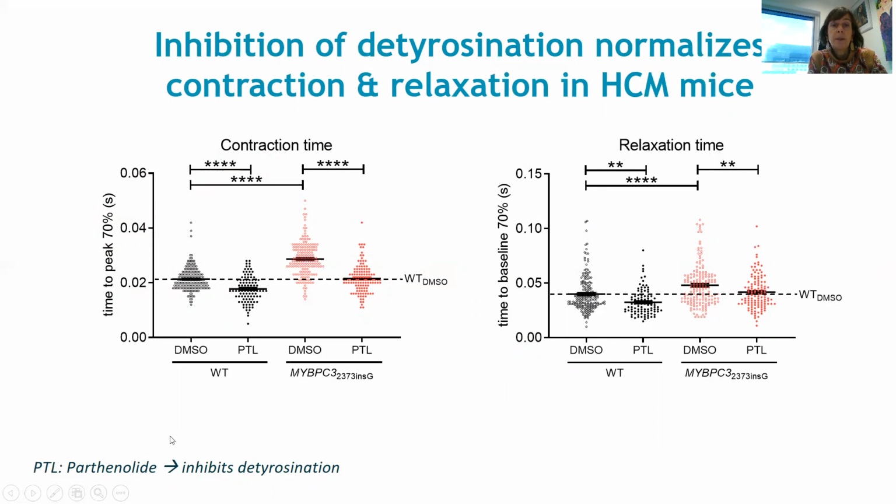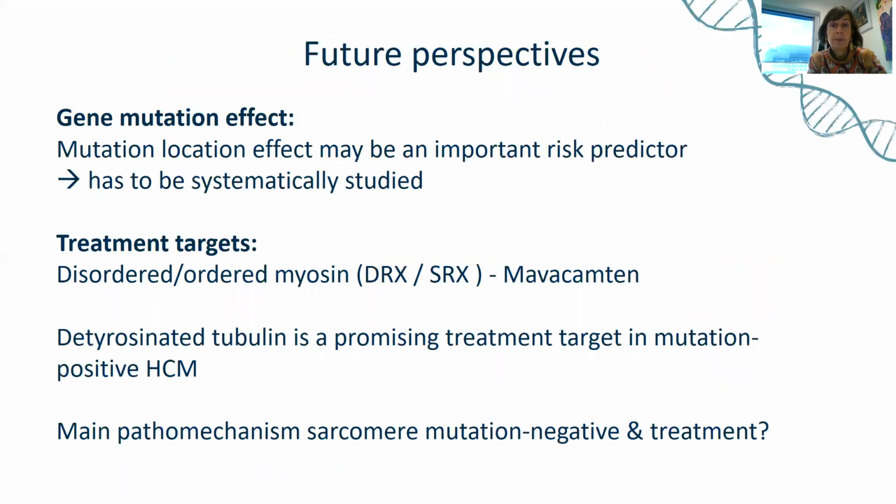And if we do the repeated measurements after treatment with parthenolide, which inhibits this detyrosination of the microtubules, we could restore contraction times and relaxation times of the HCM mice to the values observed in the wild type mice. So with this, we show that the detyrosination of tubulin, which is elevated in hypertrophic cardiomyopathy, may be a treatment target in hypertrophic cardiomyopathy.